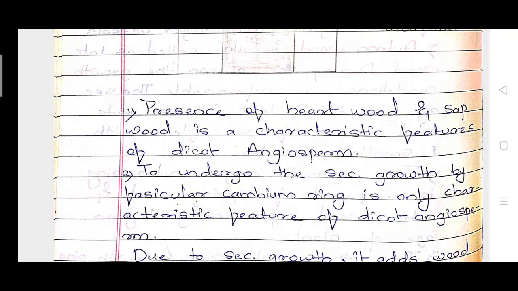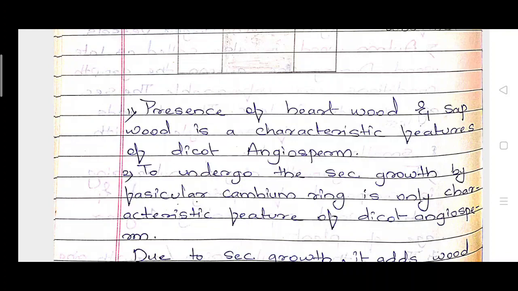In the previous video we discussed secondary growth, or how secondary growth happens. In angiospermic plants, the formation of the interfascicular cambium rings, that means the formation of the cambium in between xylem and phloem, will take place.